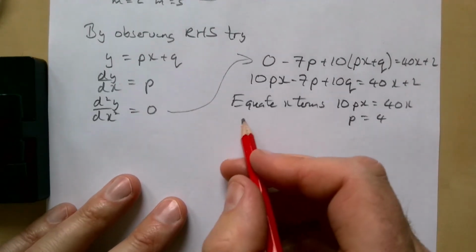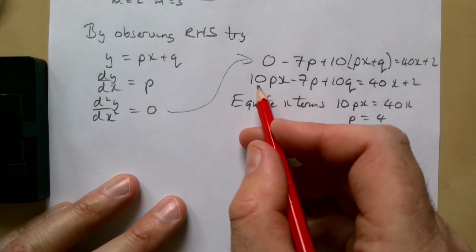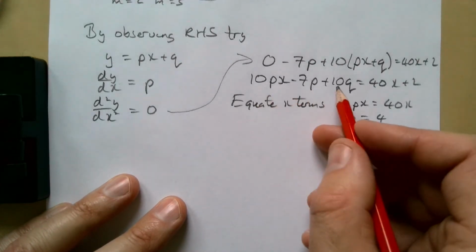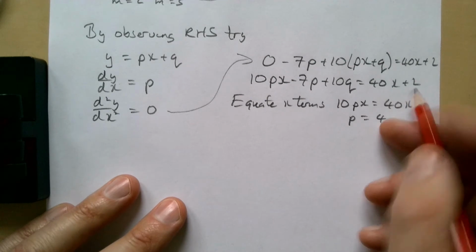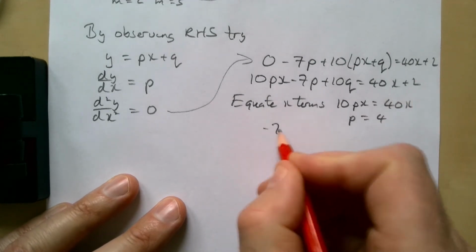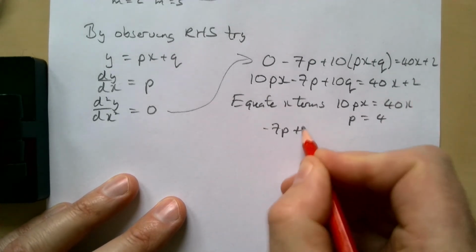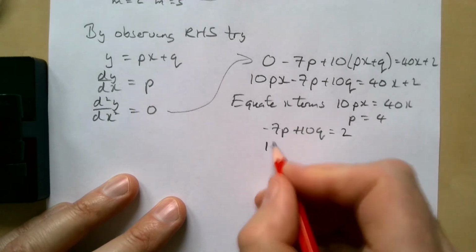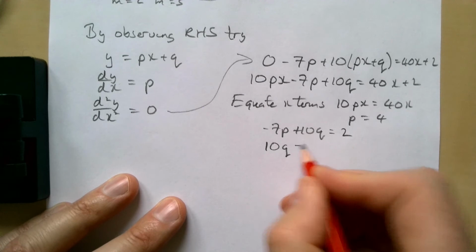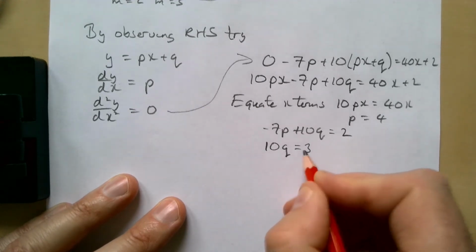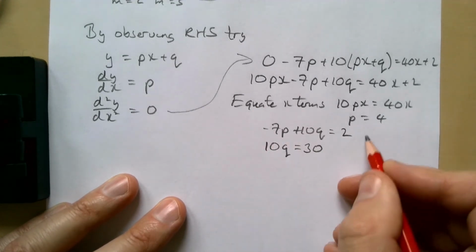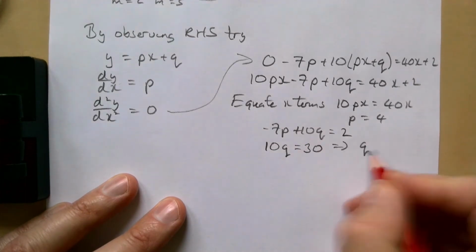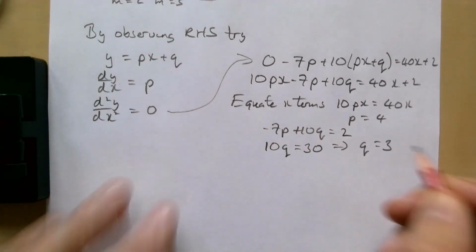And if we look then at the number terms, we are going to have minus 7p plus 10q equals 2. That means 10q is equal to 30, because that's a minus 28 taken over to that side, and that gives me then q is 3.